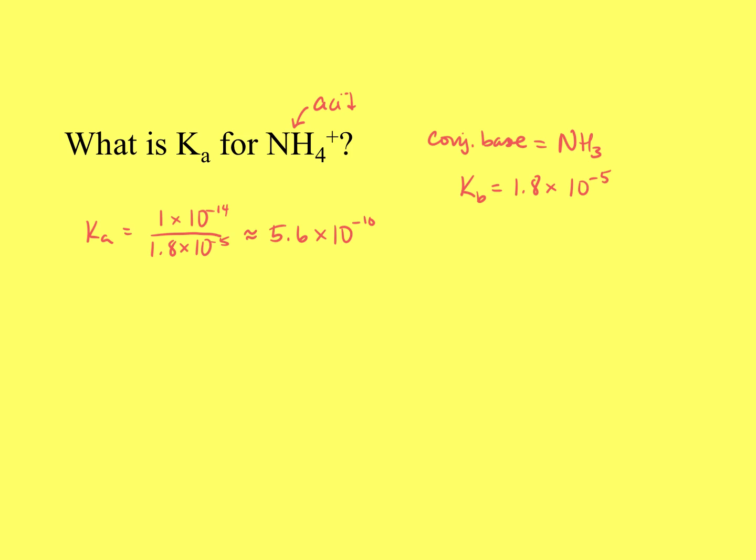So remember that a weak acid has a weak conjugate base and vice versa. A strong acid has an extremely weak conjugate base to the point that it's negligible. But this is the mathematical evidence here that a weak acid and a weak base conjugate exist like that.